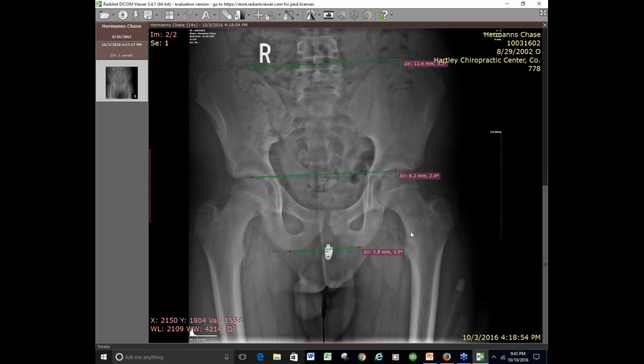Right, 3.3 and 3.5, that's close enough. That is no structural hemipelvis. But the leg length was measuring off on him because it was a little bit too large. Any questions on that?